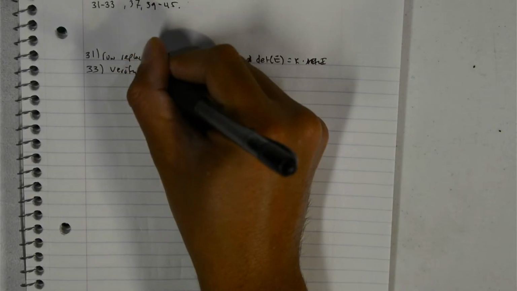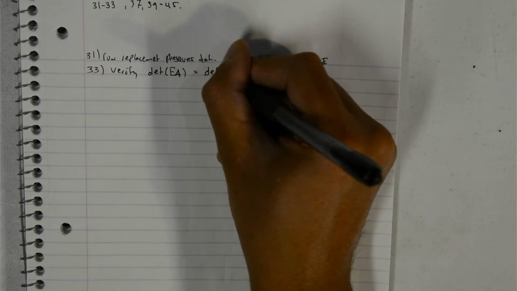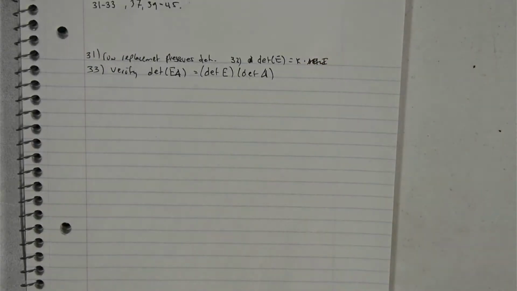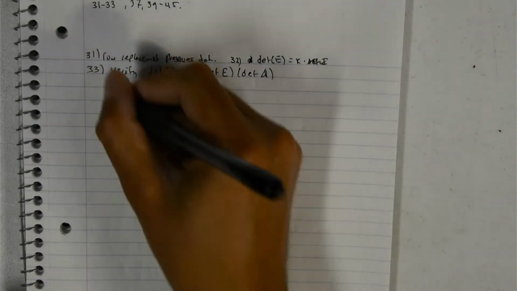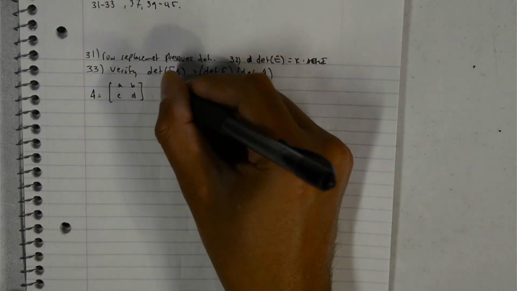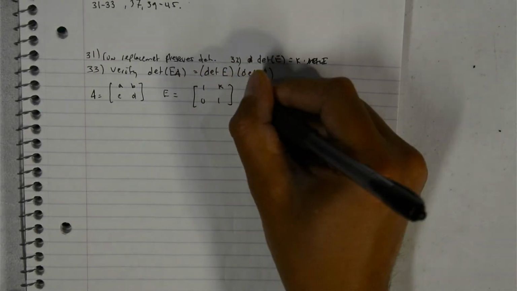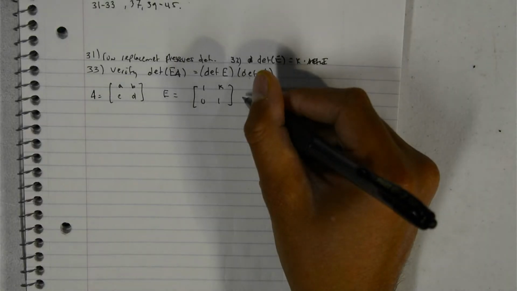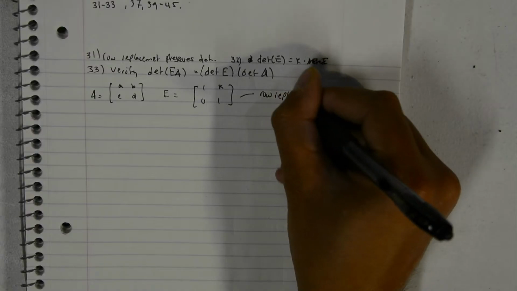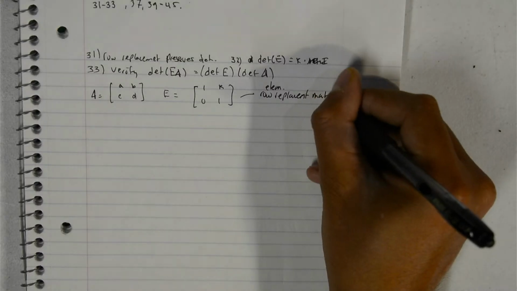Verify det EA is equal to det E times det A, where A is equal to A, B, C, D, and E is equal to, for problem 33, 1, K, 0, 1. So this is one of those row replacement, elementary row replacement matrices.